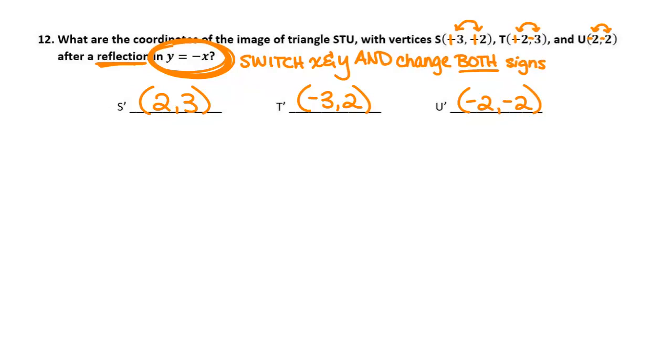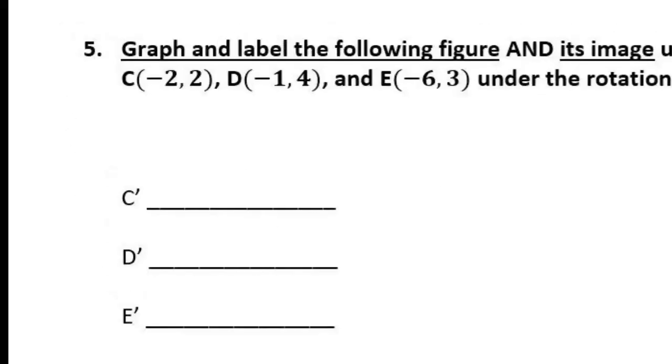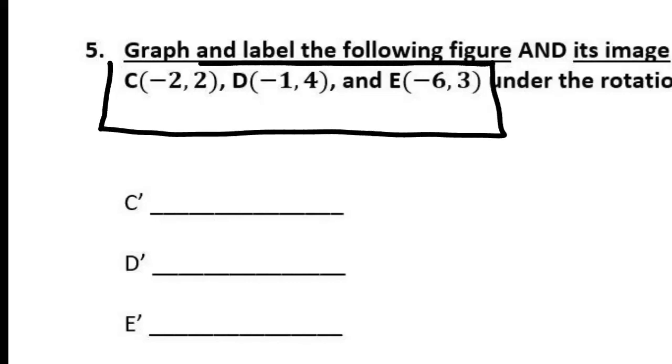All right, we still have 7 minutes before the end of the period. That's time to do 1 or 2 more depending on how long they are. Number 5. We're going to graph and label this figure and its image. So my original figure is triangle CDE with these ordered pairs.